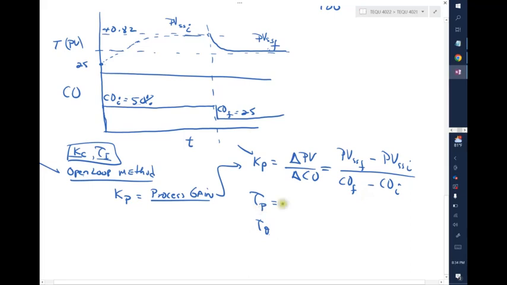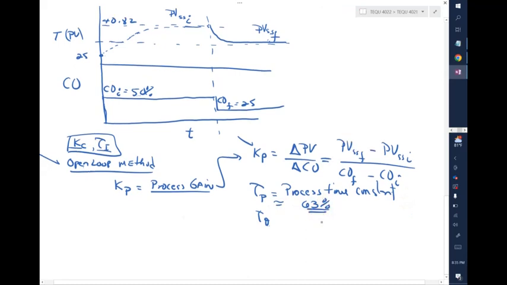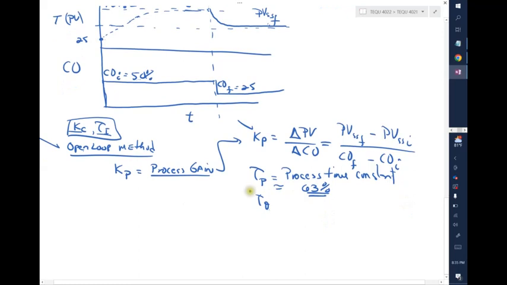Tau p is sometimes called the process time constant, and it's defined as per the process change of 63%. You will see in a second what that really means, versus this guy here. This is called dead time.